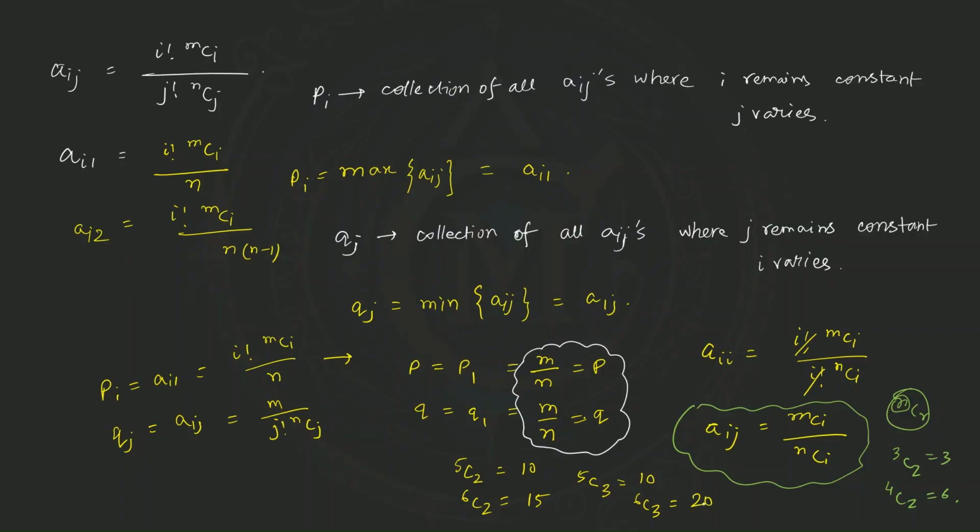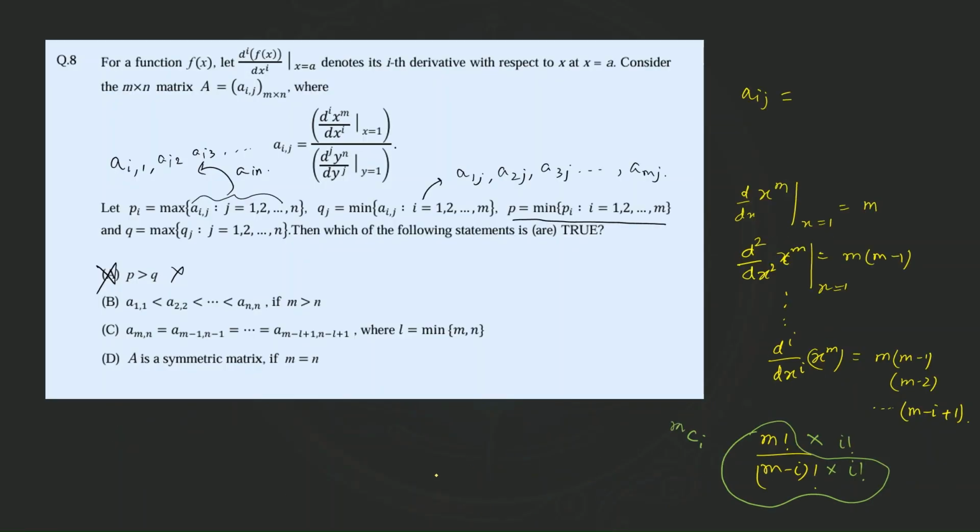So by observing this pattern, we can say that mci divided by nci, which is aii here, is always less than ai plus 1, i plus 1, right? So this statement which is given in option B is true.